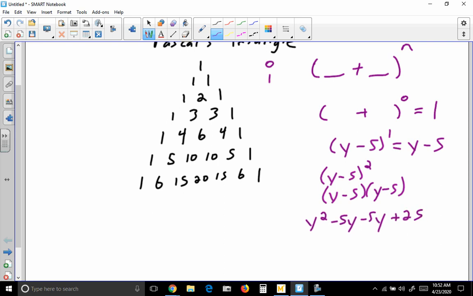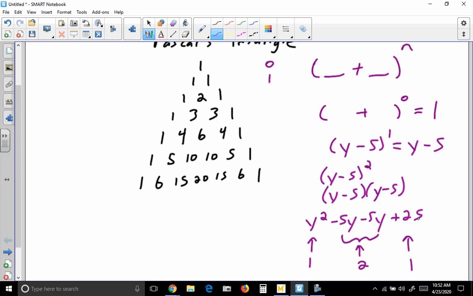So some of this discussion is not going to completely make sense yet. We'll put more meat on the bones as we go, but our coefficients here are 1, 2, 1. What that means is we have one of those, we have 2 of those, and we have 1 of those.